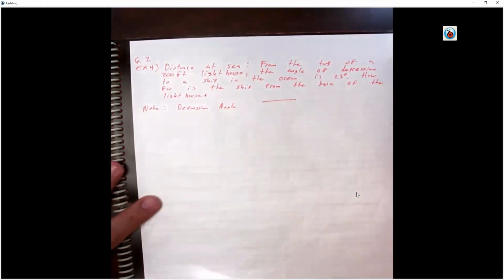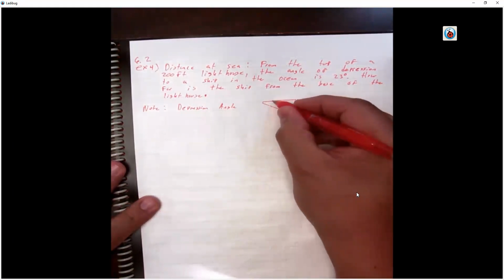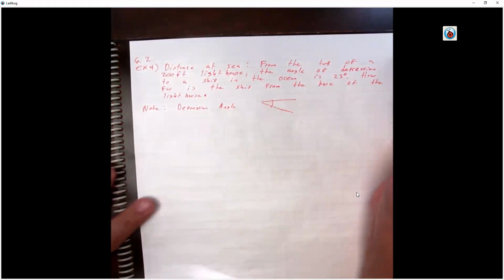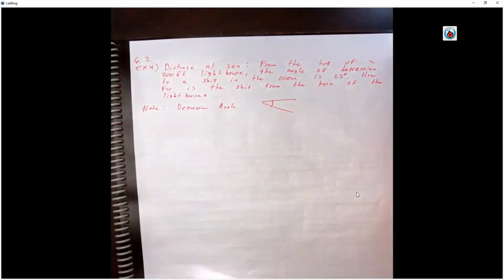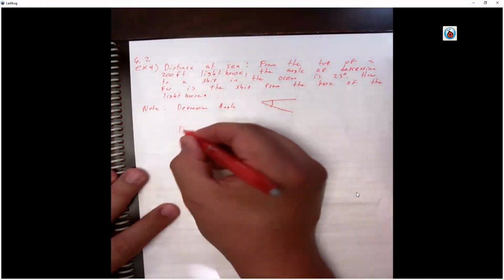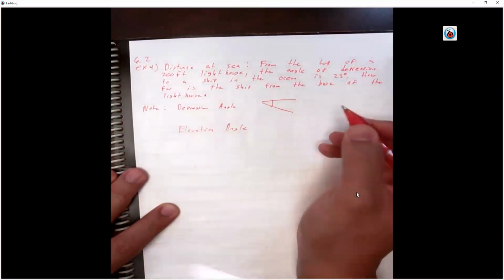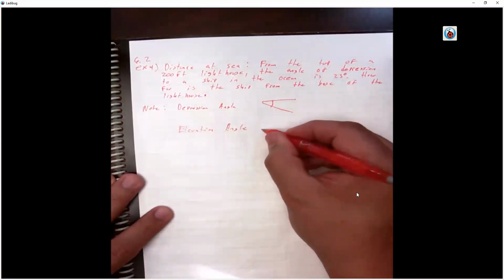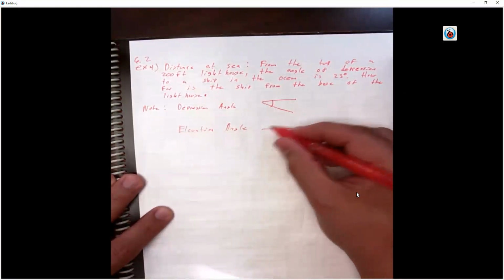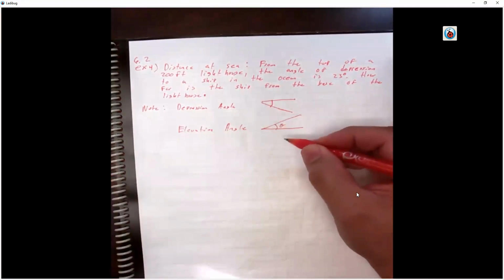There's some object over here. This is the depression angle. That makes sense. So you're looking straight, and then you look downward. So that angle formed. Elevation angle would be if you're looking up, let's say you're on the ground, and you look up at some object, that would be the angle formed going upward, okay?